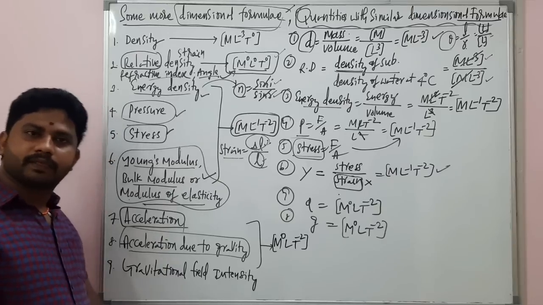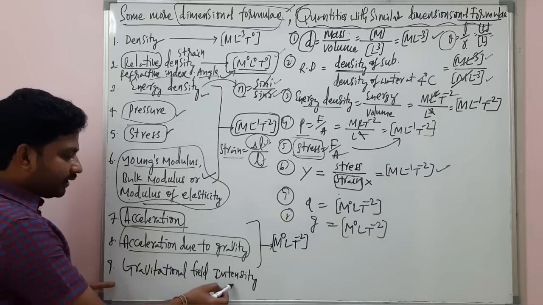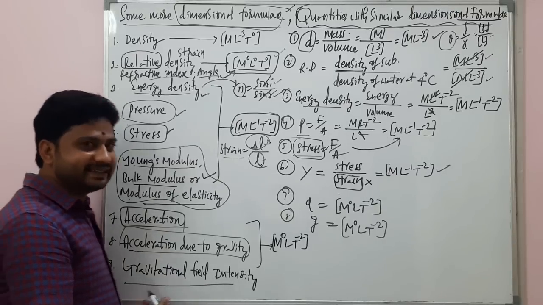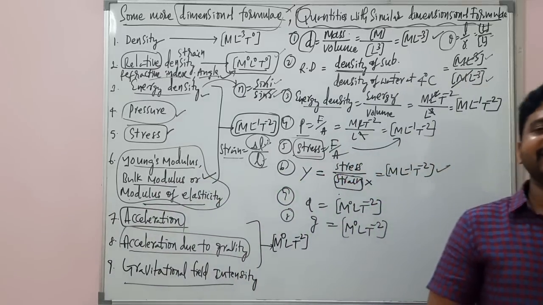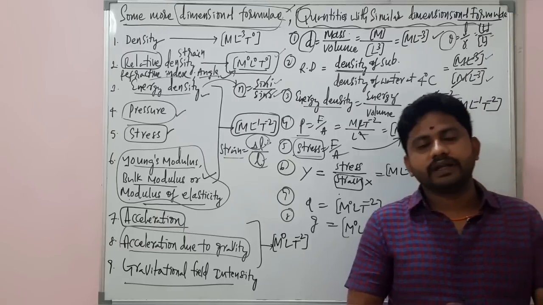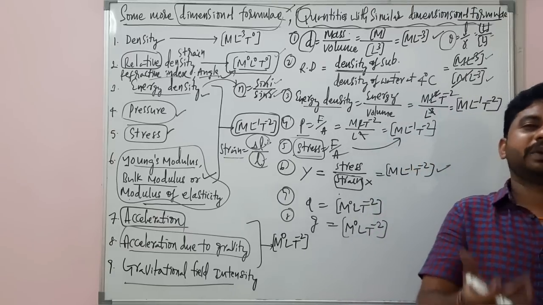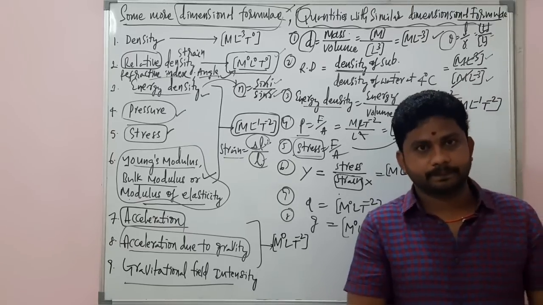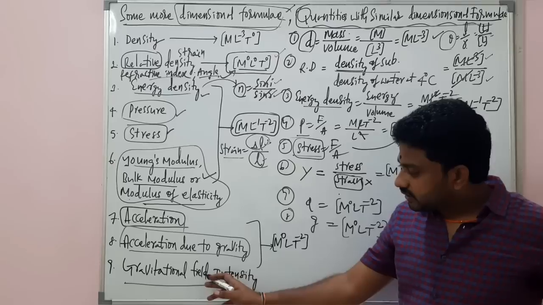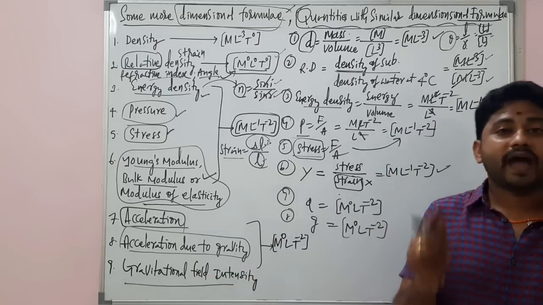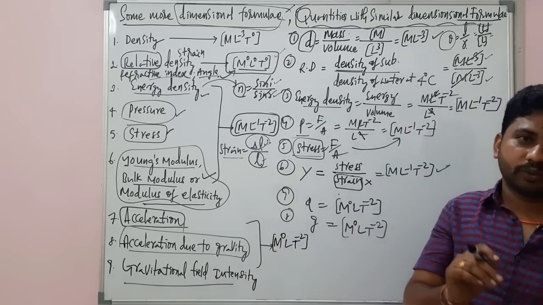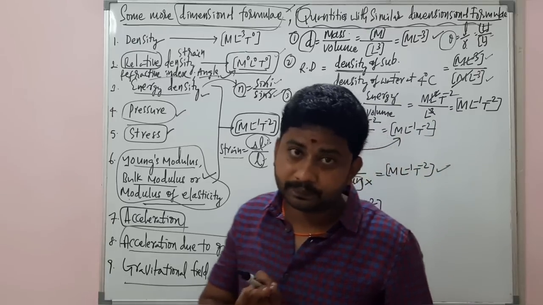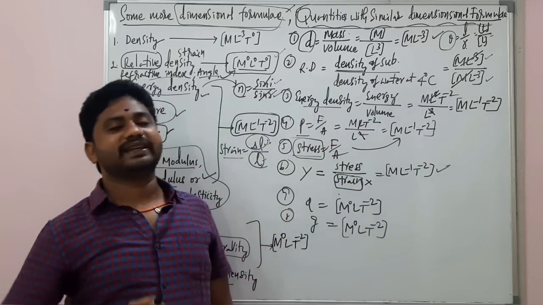Look here: gravitational field intensity. Maybe a new terminology for you. Generally speaking, intensity means strength, so it is called gravitational field strength. You have the chapter called gravitation, but that is not exactly a first PUC topic; there are some basics in 9th standard.